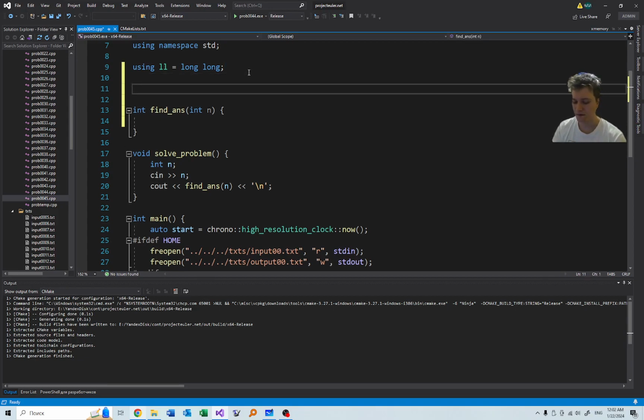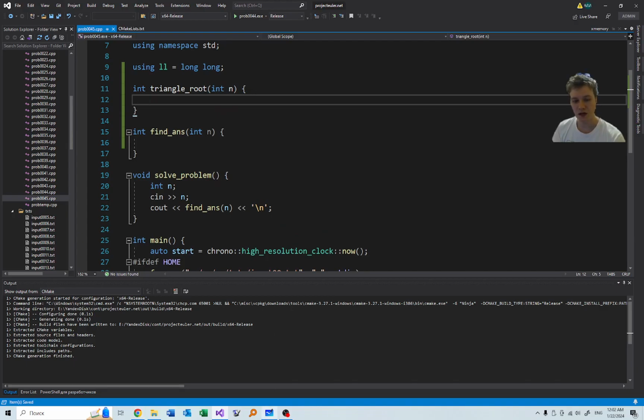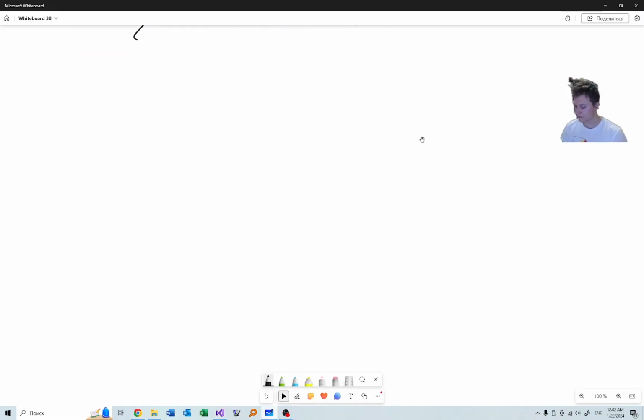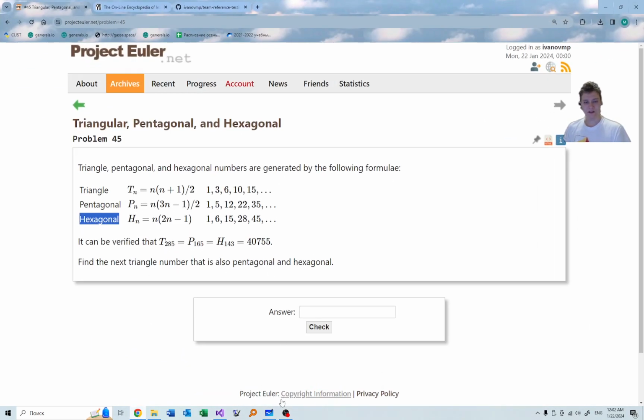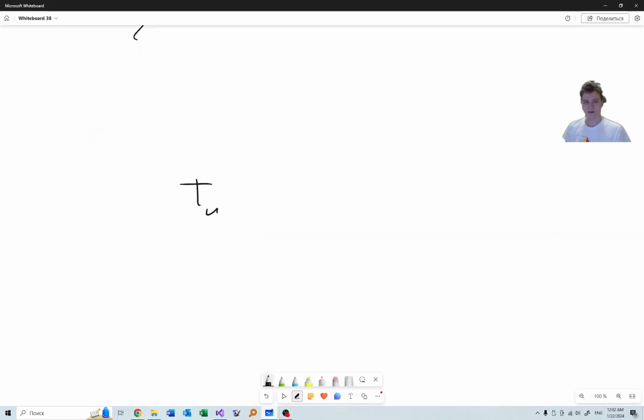Okay, let's make a function triangular root. So what is a triangle root? As we know, the nth triangle number is n times n plus 1 over 2.